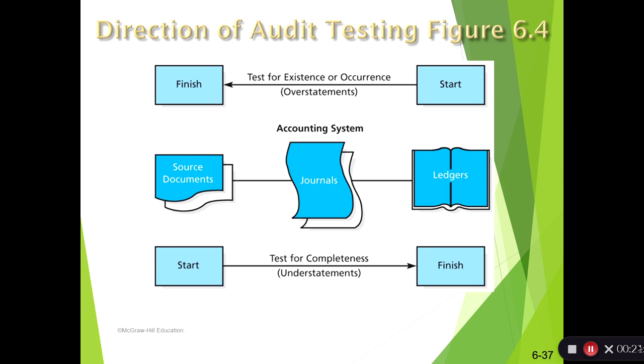Going forward is completeness. So if I start with, for example, a set of receiving reports for inventory that I've ordered, I start there and then I make sure it's recorded along with the invoice. When I get the invoice in, I make sure that's recorded in the purchases journal.